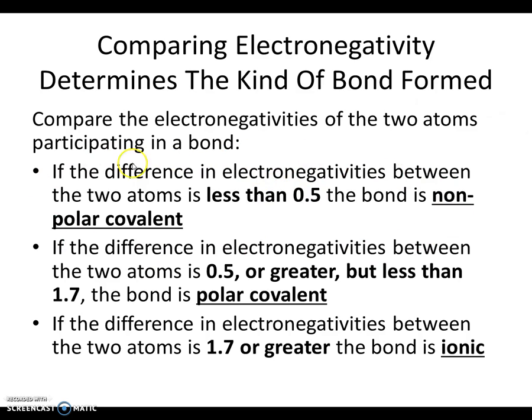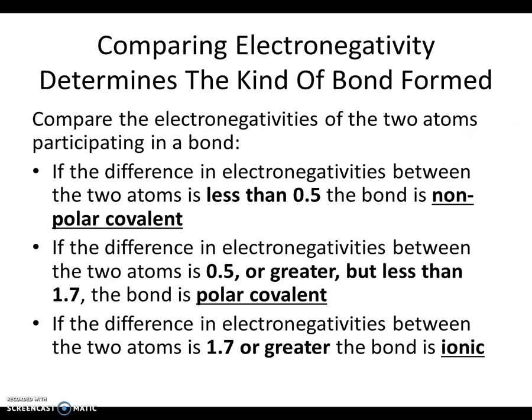So first, if the difference in electronegativities is less than 0.5, we say that that bond is a non-polar covalent bond. If the difference in electronegativities is greater than 0.5, but less than 1.7, then we say it's still a covalent bond, but it's a polar covalent bond. And we'll look at what that means in just a second.